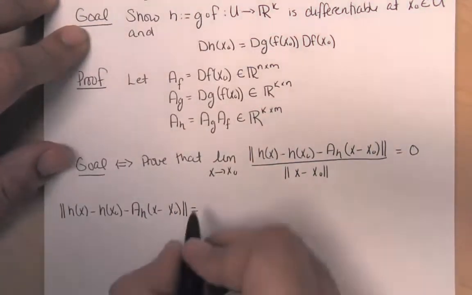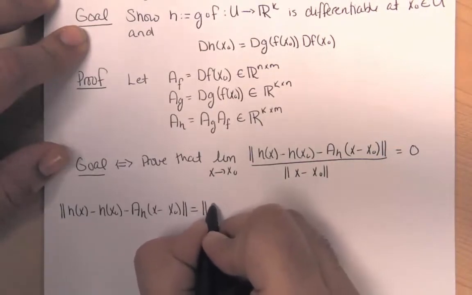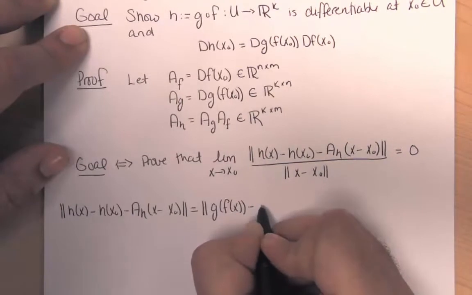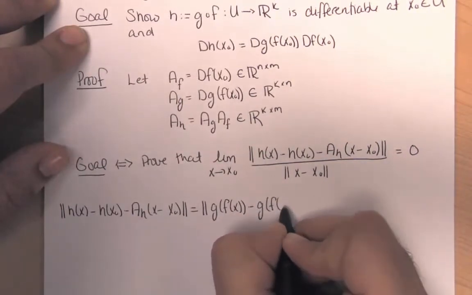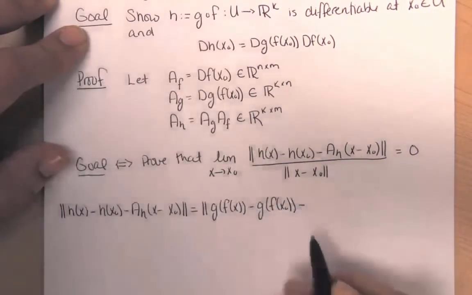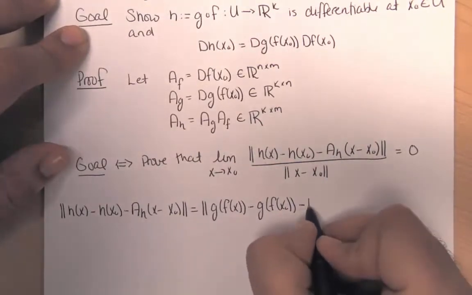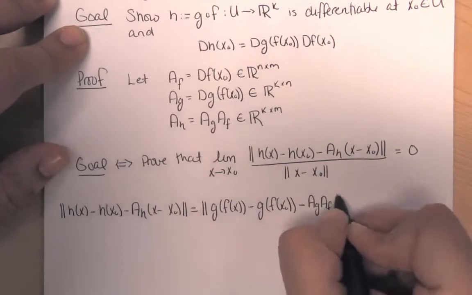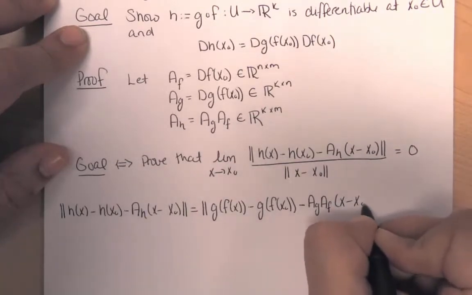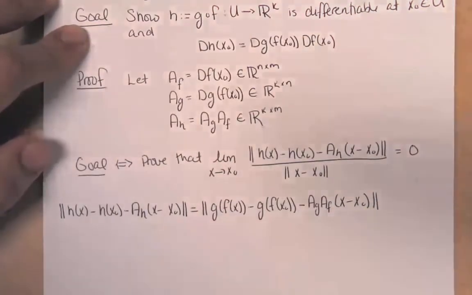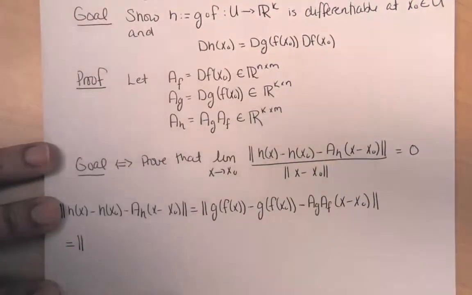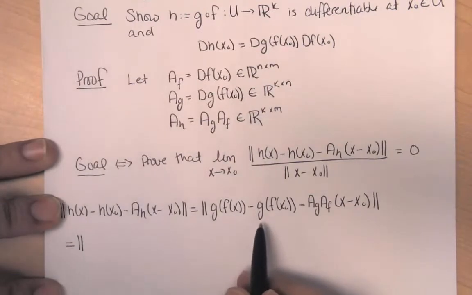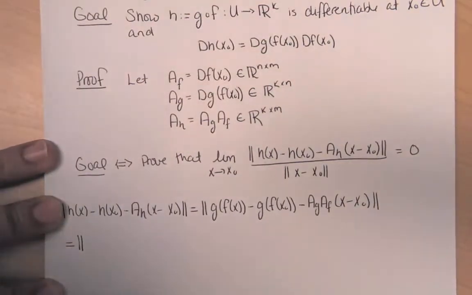Since h is a composition, this is g of f of x minus g of f of x naught minus, remember, AH is defined to be AG times AF times x minus x naught. This is equal to the same thing, but I'm going to add 0 in the form of adding and subtracting the same thing.